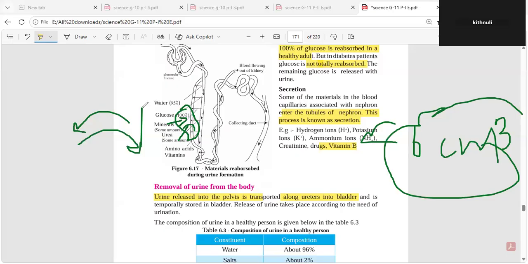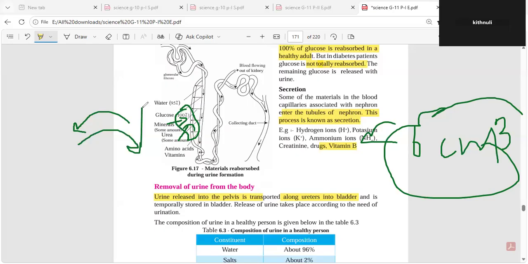Vitamin B and C are water-soluble vitamins, while vitamins A, D, E, K are fat-soluble vitamins. Now vitamin B is a water-soluble vitamin, so it will be passed through the water with the urine. Okay, do it.